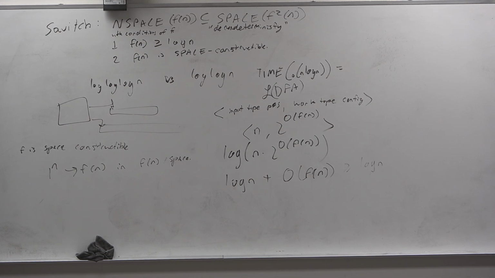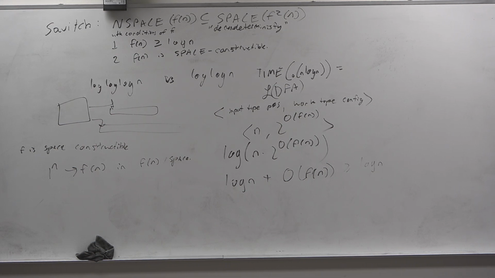Basically, all functions that you care about are space constructible, like n squared, n cubed, n log log n. Everything you've ever done with a big O is going to be space constructible. Something that would not be space constructible would be like Kolmogorov complexity. Something weird, okay? We don't want to do those. But it's the bare minimum requirement.